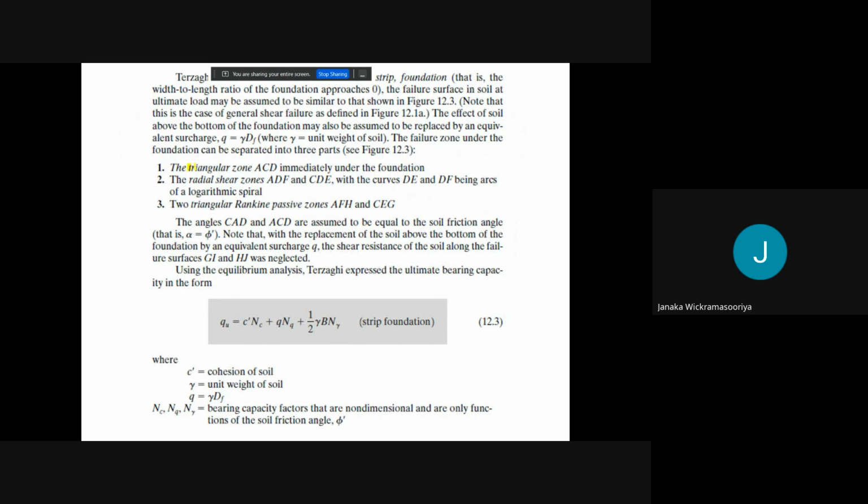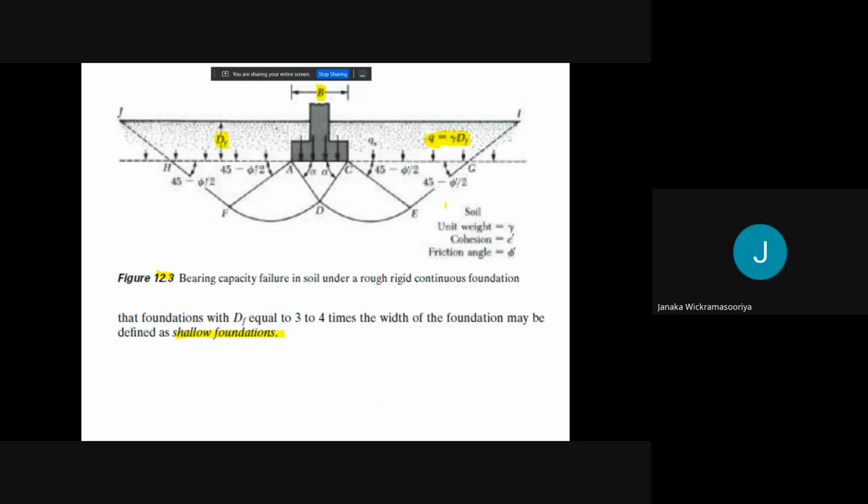First one, the triangular zone ACD, immediately under the foundation. That is ACD, this one.